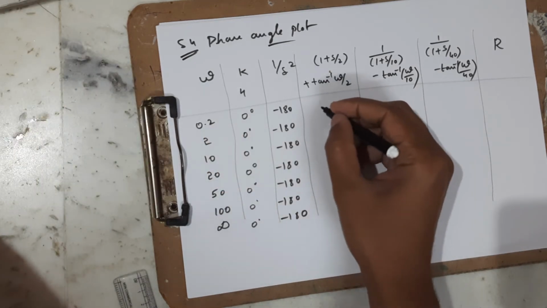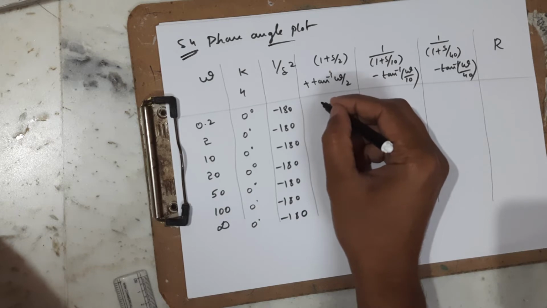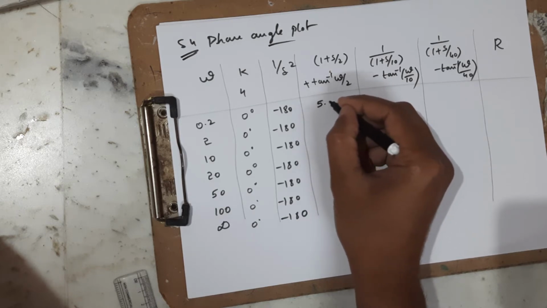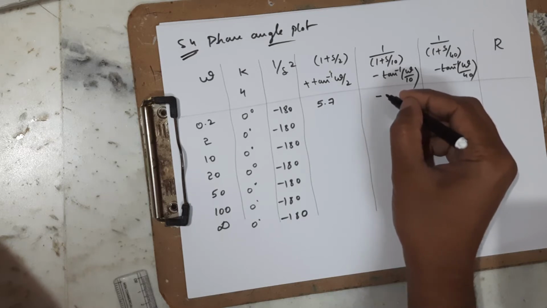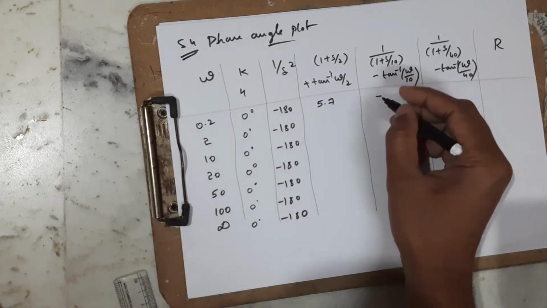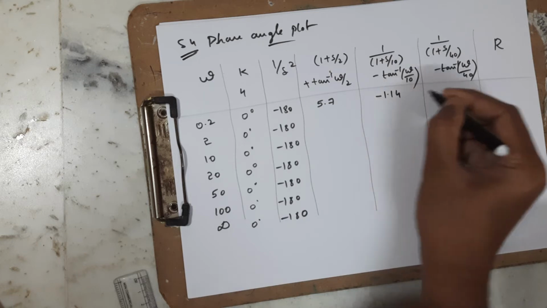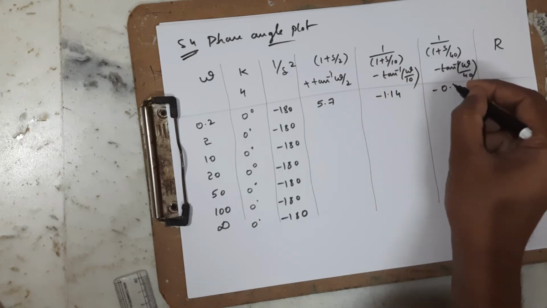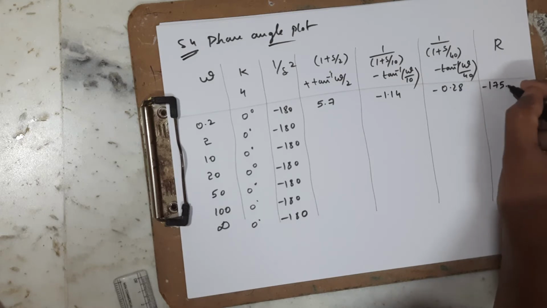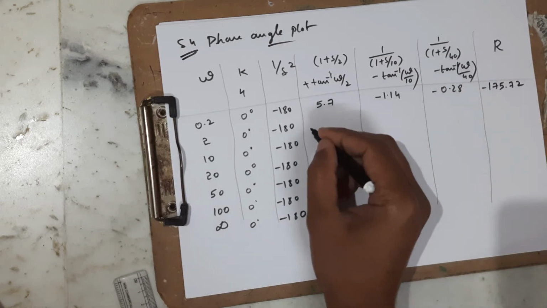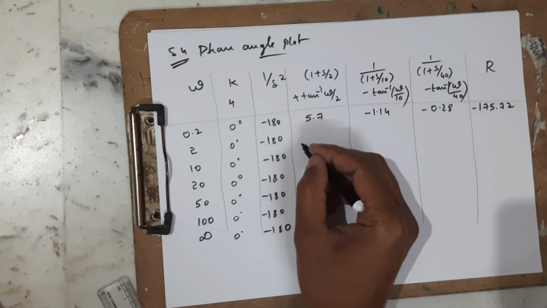I have already calculated. For 0.2, this will be plus 5.7, this is minus 1.14, minus 0.28. The resultant is minus 175.72.